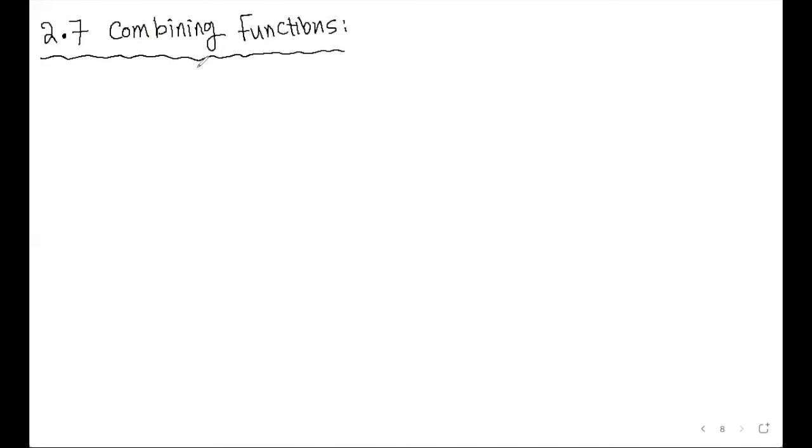2.7 is combining functions. So sum, difference, product and quotient.